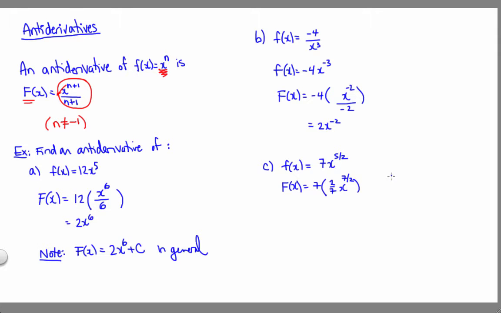So in general, if you're going 1 over any fraction, a over b, what that's going to produce is b over a. So when you've got a fractional exponent like 7 over 2, instead of writing it as over 7 over 2, it's faster just to multiply by the reciprocal of that fraction there. So simplifying that, we've got 2x to the 7/2.